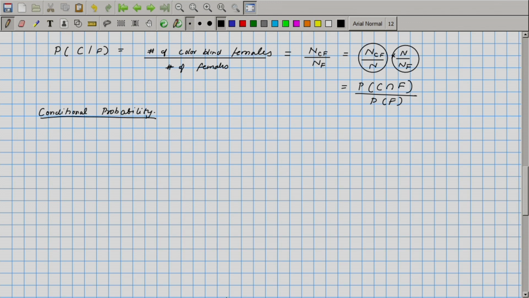So, we could condition on any possible event, but the event on which we are conditioning, in this case the event that the randomly chosen person is a female, that should be an event of non-zero probability.